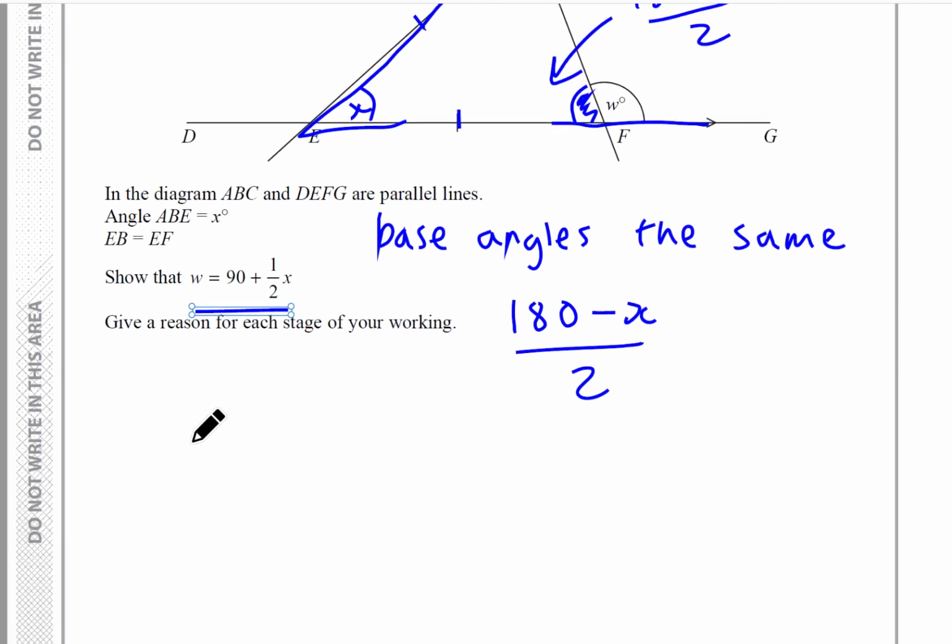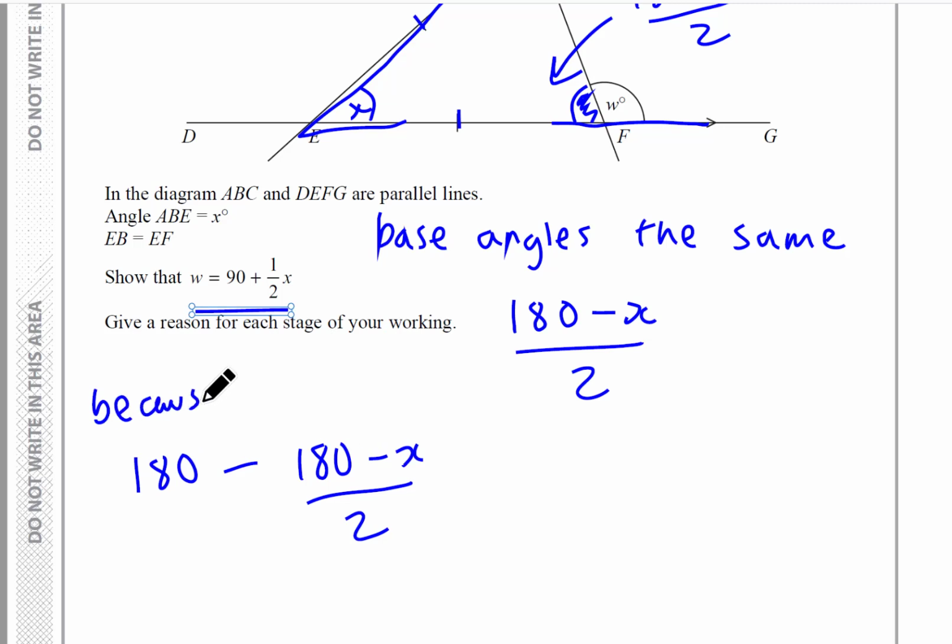So angle W is going to be 180 minus what we've just worked out. And you can just write here, because it says give a reason, because angles on a straight line equal 180.